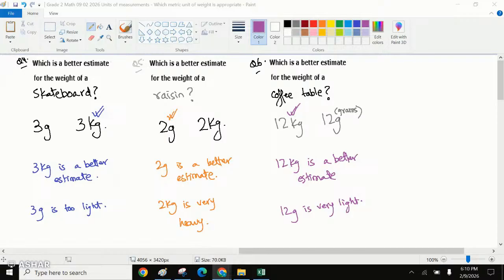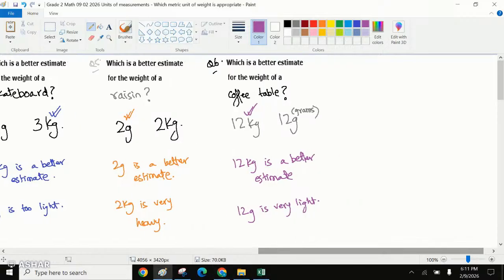Okay. Thank you. We did a coffee table. Let's look at a coffee mug. Question number 7. A coffee mug or a cup. Okay.